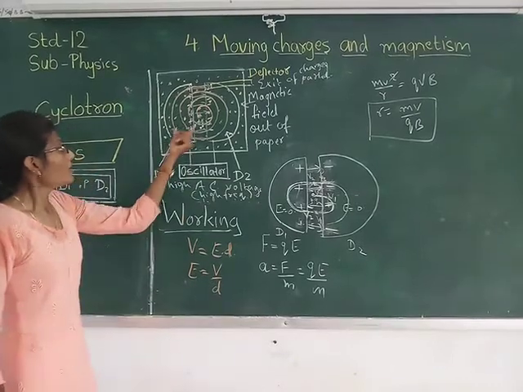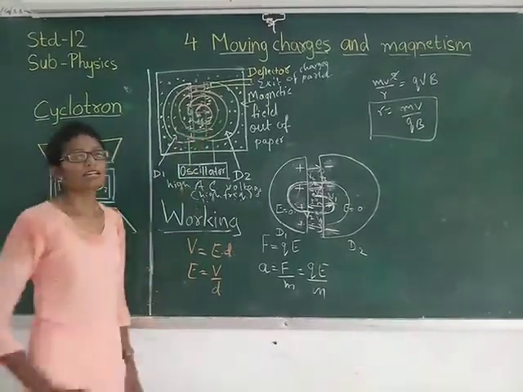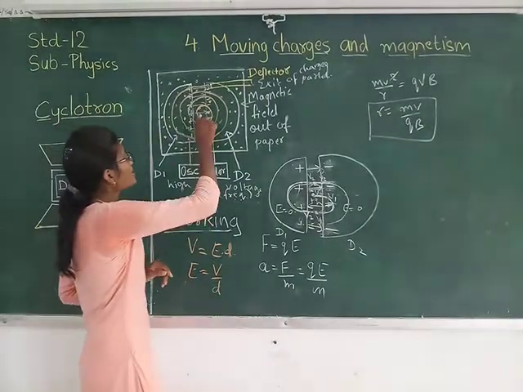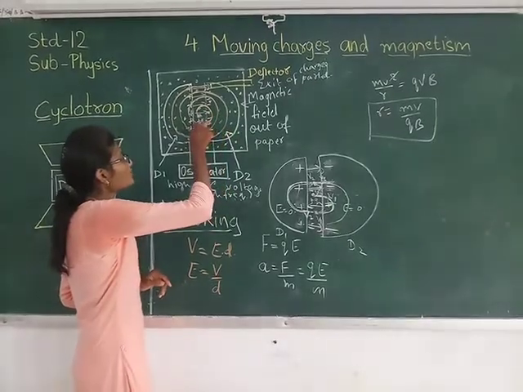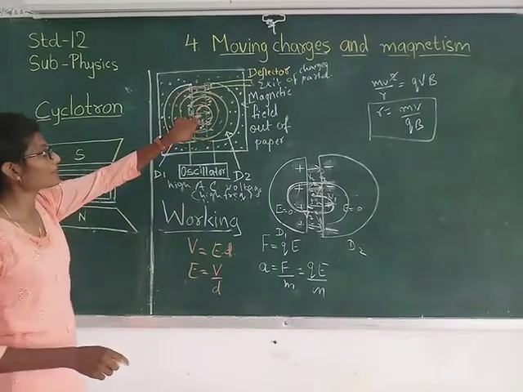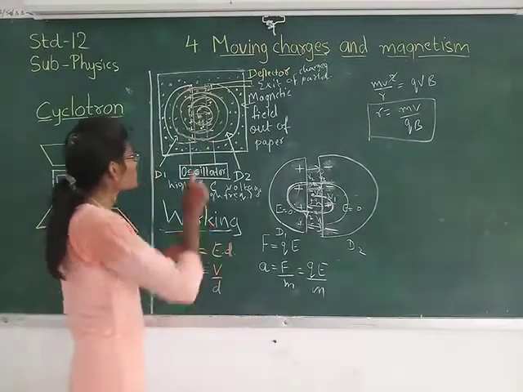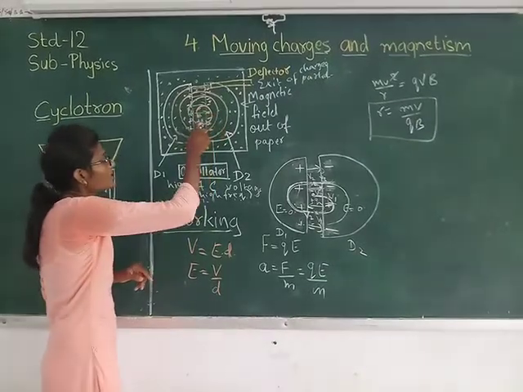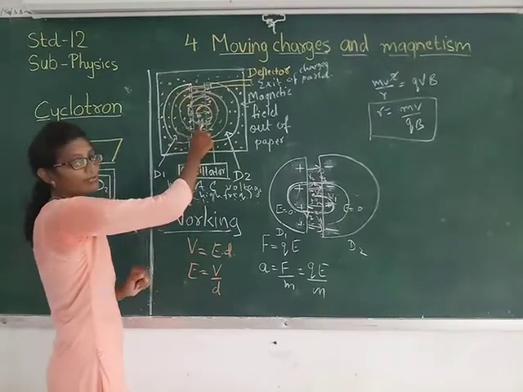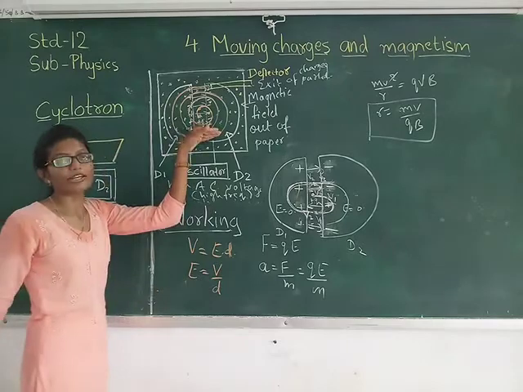Now see, what is important over here is that this polarity is changing. How can we know that when the charged particle comes over here between the Ds, in the gap, the polarity changes? We need to adjust this, because if the charge comes over here and the polarity still remains positive and negative, then instead of going in the opposite direction, it again goes to D2.